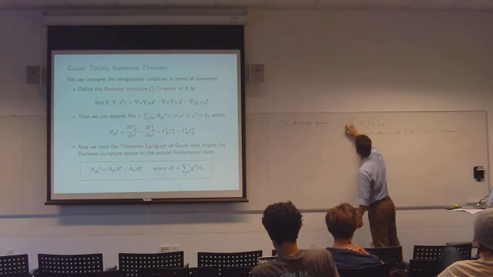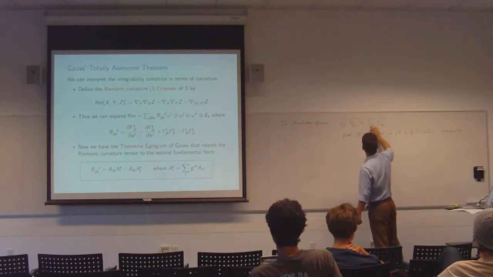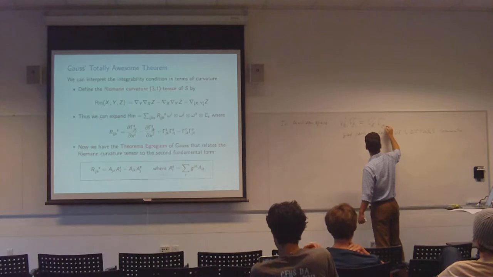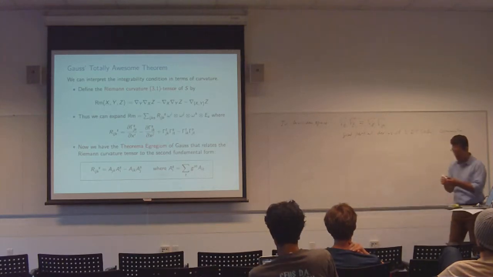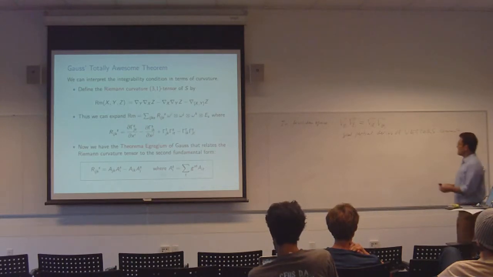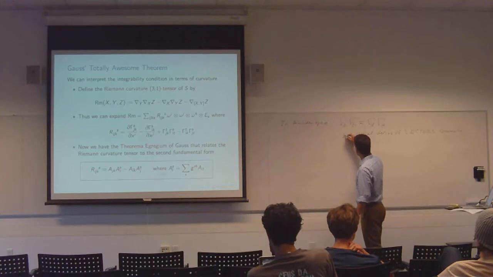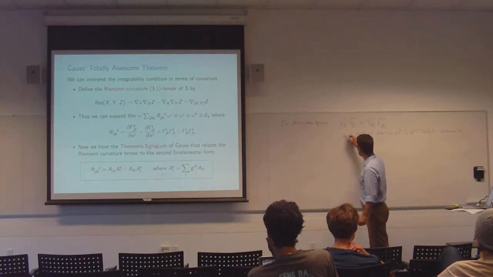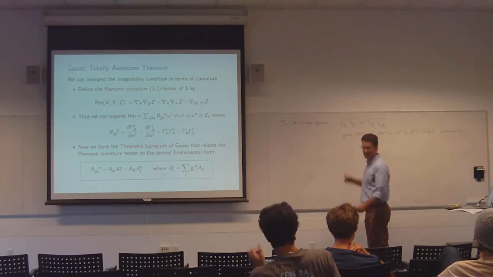So let's put EI here, let's put EJ here, let's put EJ here, and let's put EI here. Because it's not quite true if X and Y are functions. So in Euclidean space, second partial derivatives of functions commute.